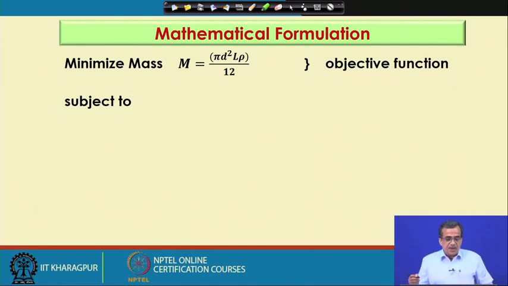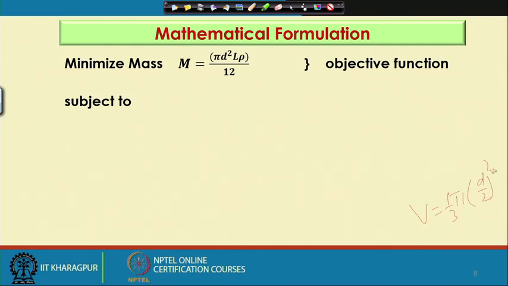Now, we try to find the volume of this conical shaped wooden pointer, and the volume V is nothing but 1/3 pi (d/2) squared multiplied by L, and mass is the density rho multiplied by the volume, and very easily we can find this expression.